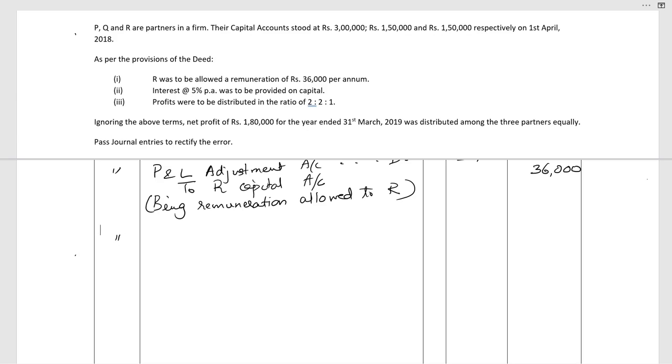The next step is to allow interest on capital at 5% per annum to P, Q and R. For allowing interest on capital, we need to credit the partner's capital account.